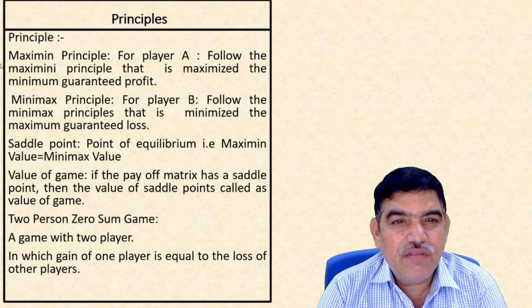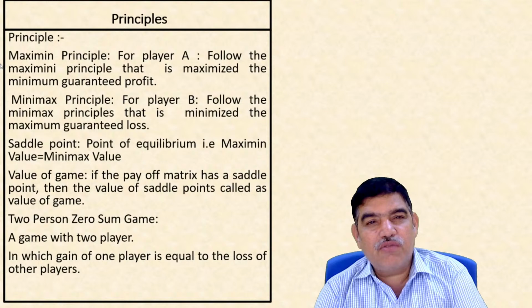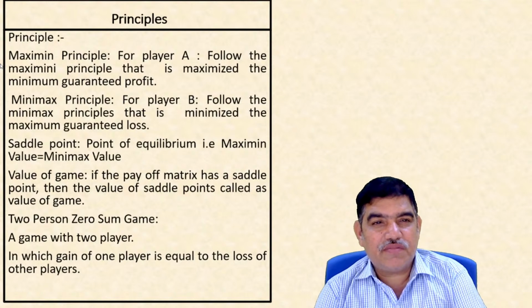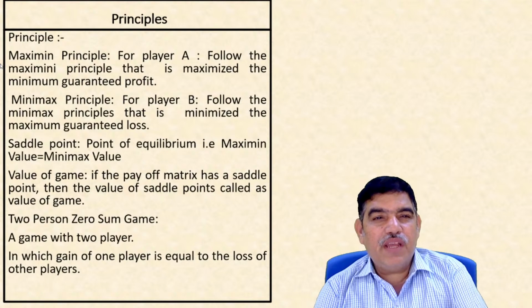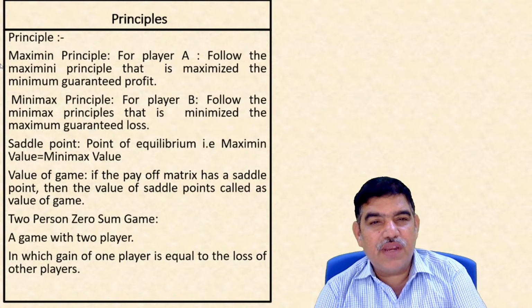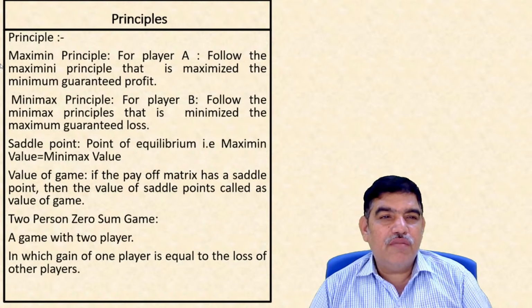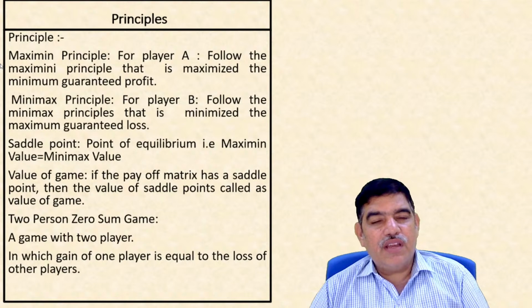Let us consider there are two players, player A having two strategies and player B having two strategies, and player A gains two items, whereas at the same time player B loses the two items by using the maximin principle and minimax principle.